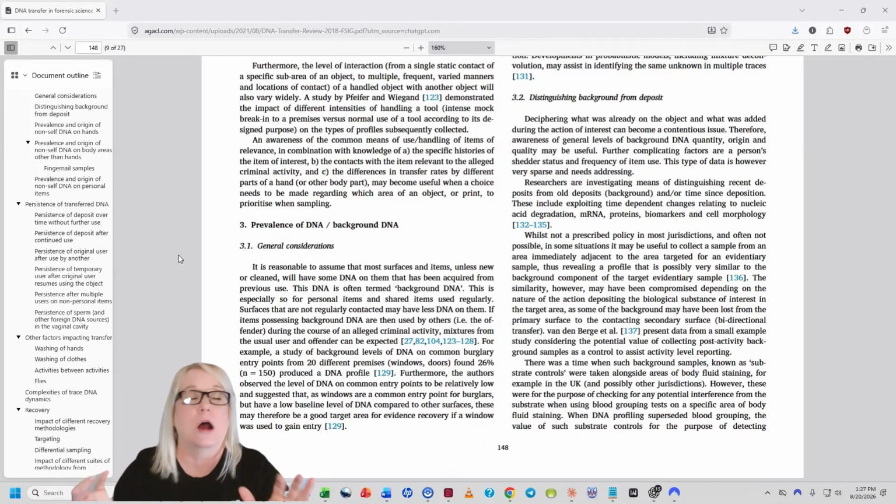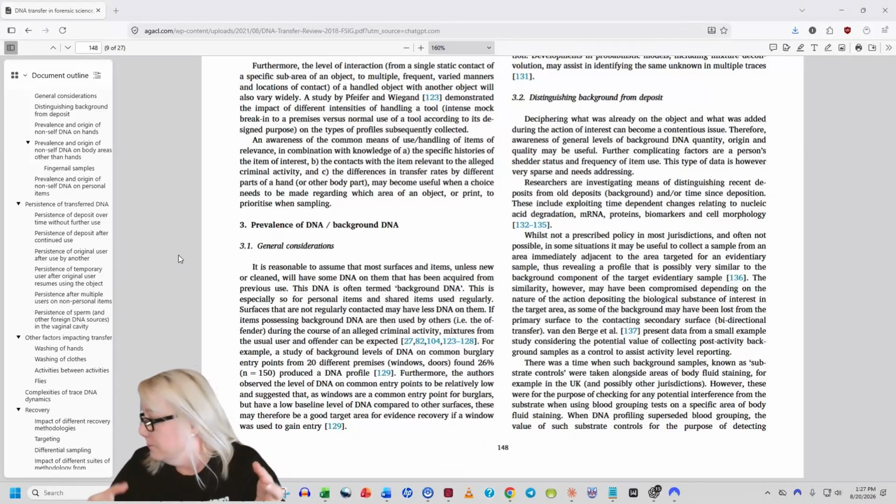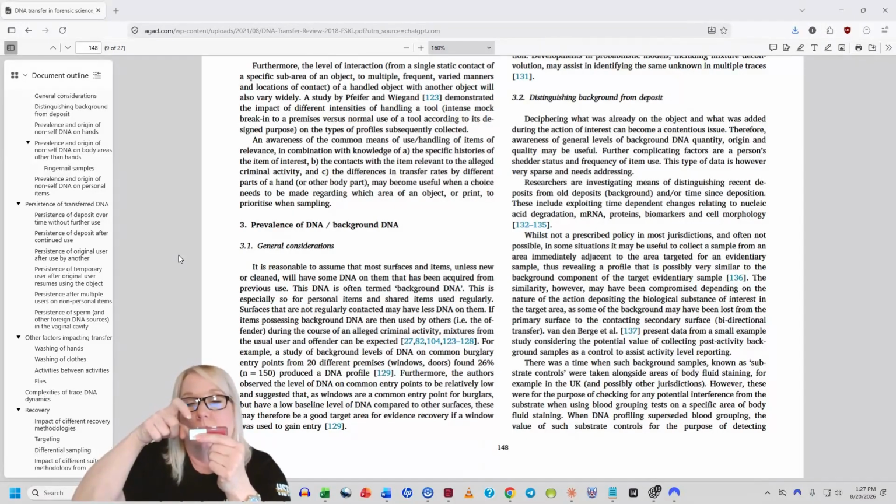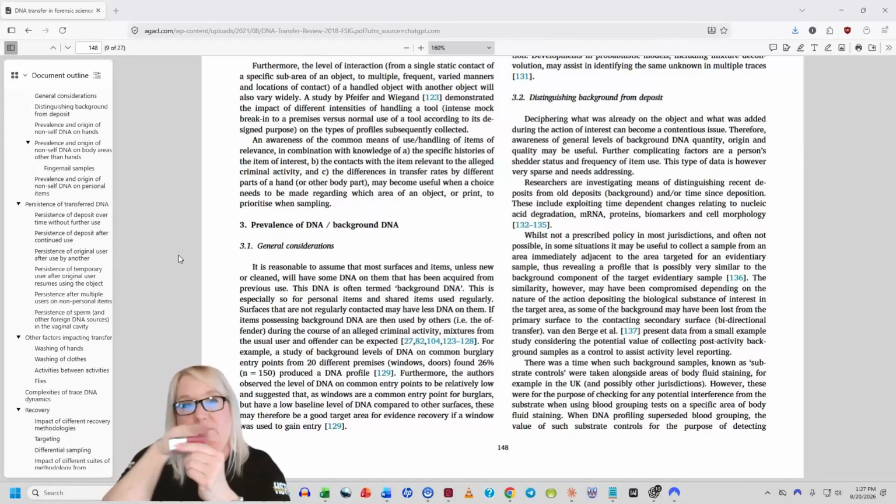Let's talk about our coffee table. I was looking for something I could use like a coffee table. Let's say this is our coffee table. It's a little one. And the ketchup, so we have all this background DNA from everybody in the residence and their friends' feet and the cleaning people's feet and hands and whatever, and the people in the store, who knows where they bought the coffee table.